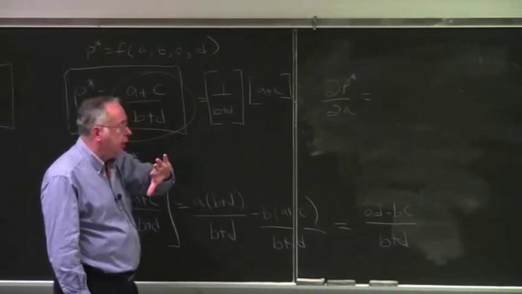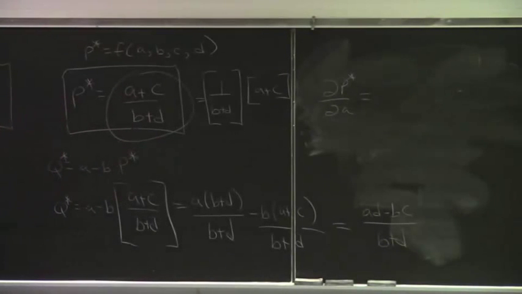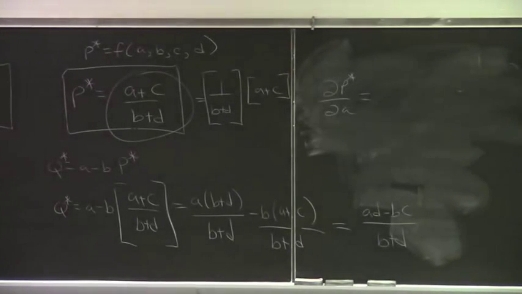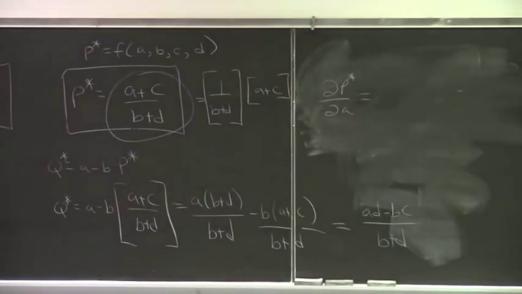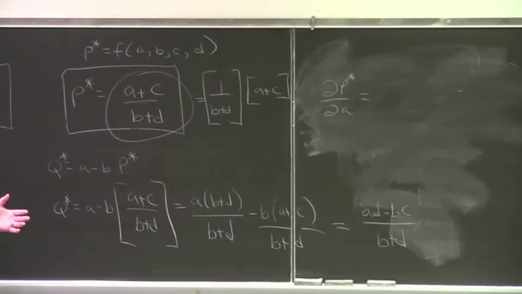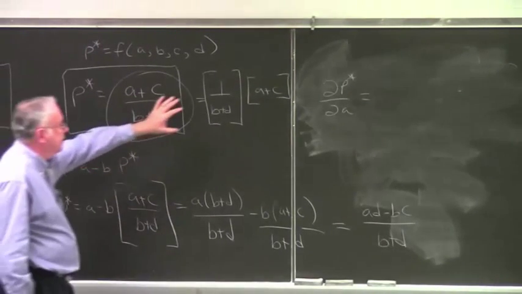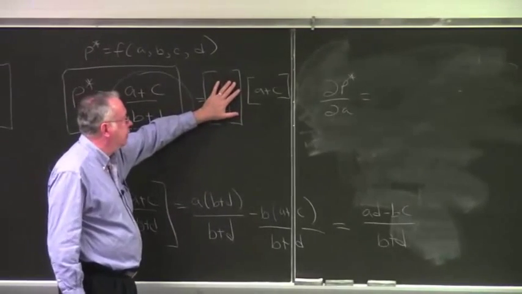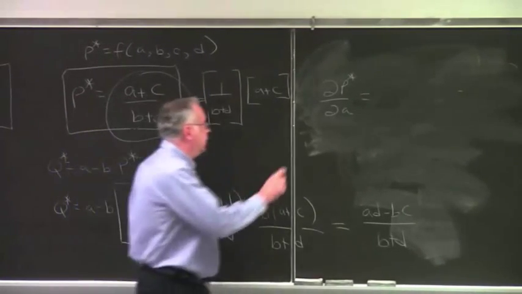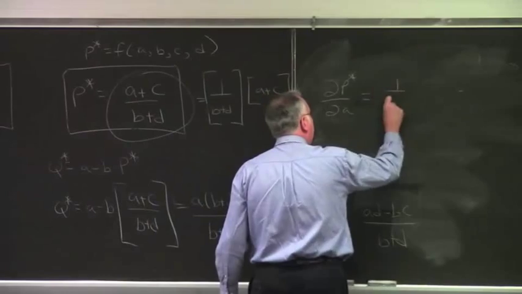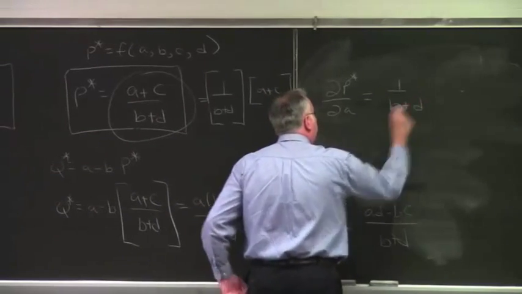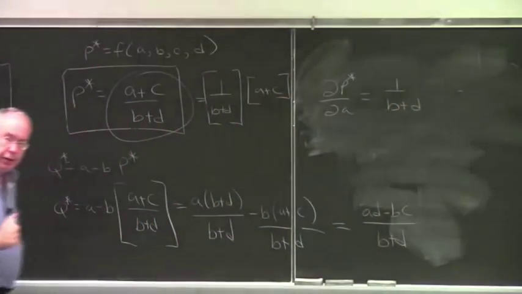Yes. See, 1 over b plus d is just the coefficient on a. It's what you multiply times a. But b and d are held constant. So this is all just one big constant when you're doing the differentiation. So it's just 1 over b plus d.